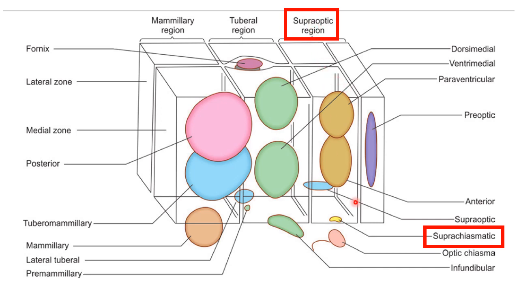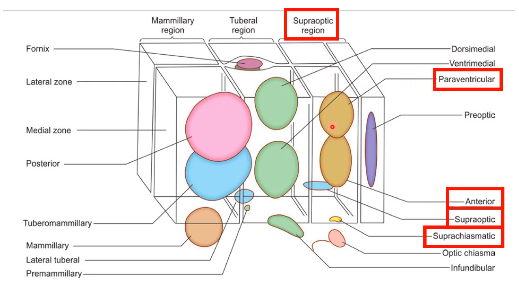Then the supraoptic region. What are the nuclei we can identify? First is the suprachiasmatic nuclei. Can you see here? This is suprachiasmatic, just above the optic chiasma. Then above it, you can identify the supraoptic nuclei. Then you can identify the anterior nuclei, and then the paraventricular nuclei.